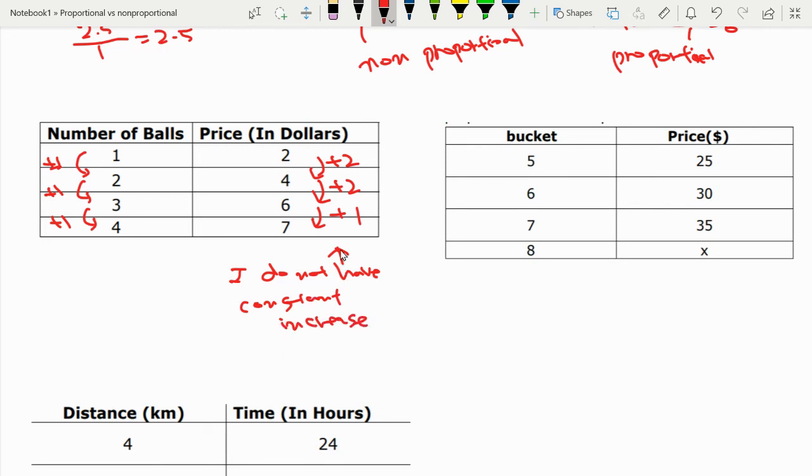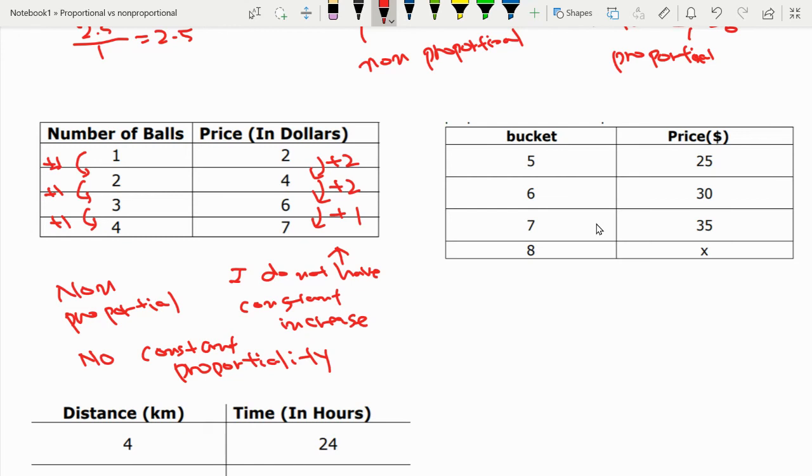I thought I was adding 2, but suddenly I have to add 1. So therefore it is non-proportional. It adds 1, adds 2, adds 1, and there is no constant of proportionality.